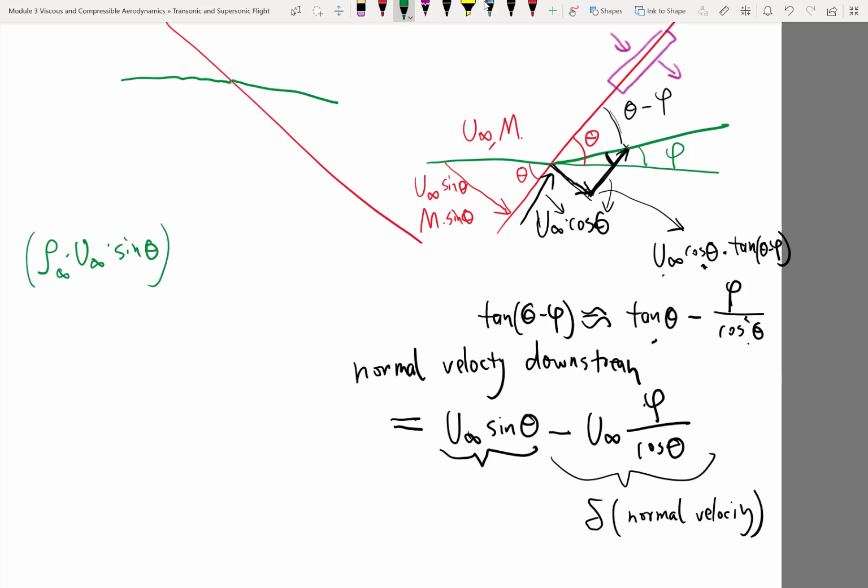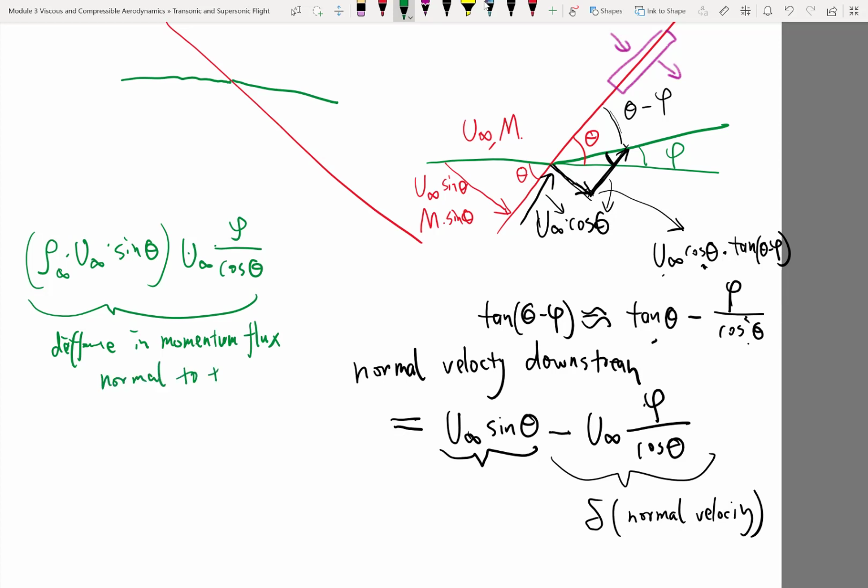And that mass flux times the delta V, which is u infinity times phi divided by cosine theta. That's the difference in momentum flux normal to the shock.